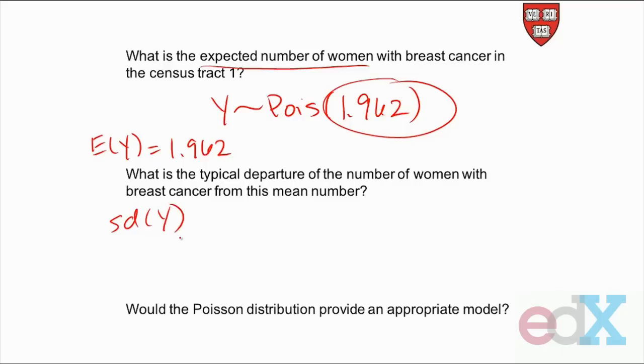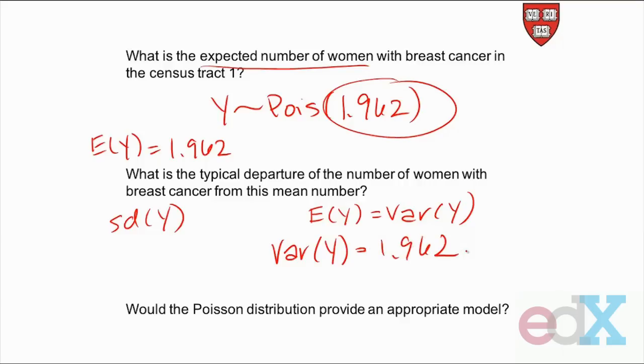The Poisson distribution has the property that the mean is equal to the variance. So the variance of y is equal to 1.962, and consequently the standard deviation of y is just the square root of the variance. I plug that into a calculator, and I find that the standard deviation of y is about 1.4.